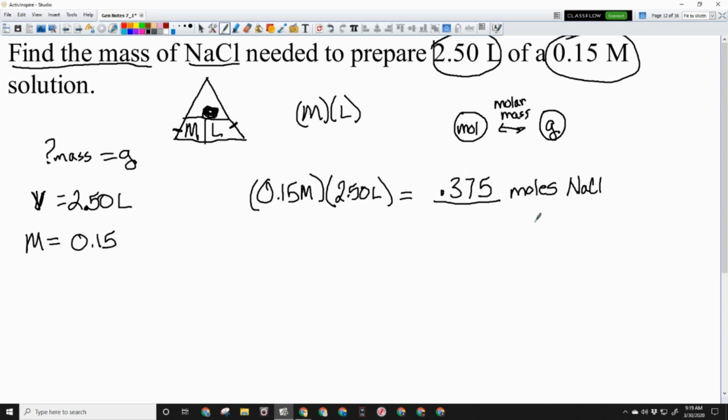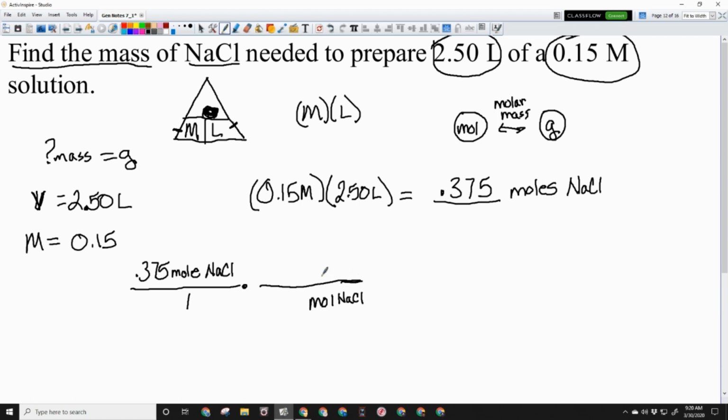All right, so we're going to use this and we're going to convert. So 0.375 moles of NaCl, and we're going to put that over 1. We're going to multiply it by a conversion factor. What do I want to get rid of? Moles of NaCl, so I'm going to put that on the bottom.